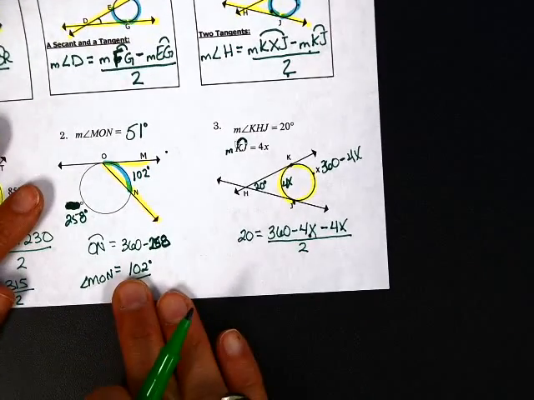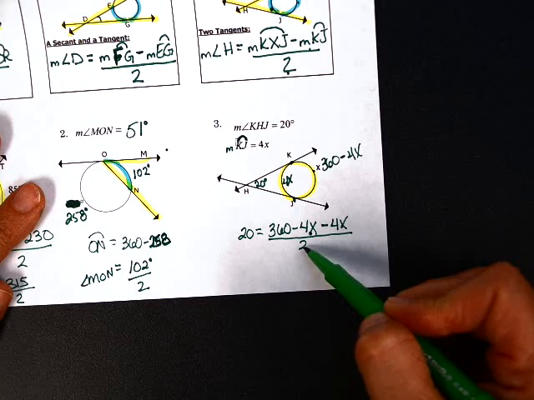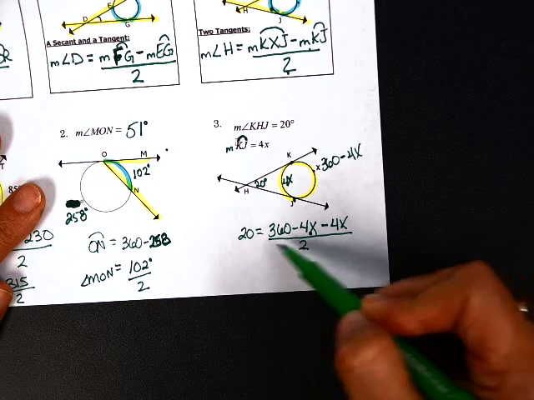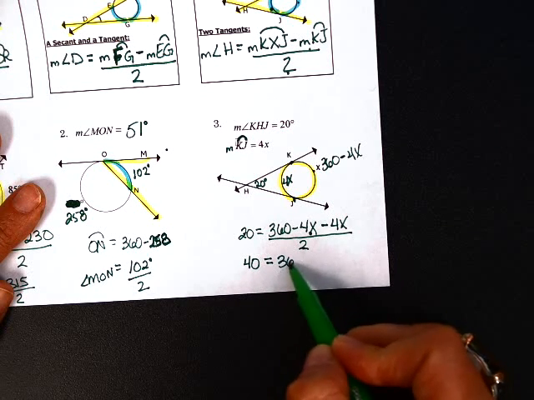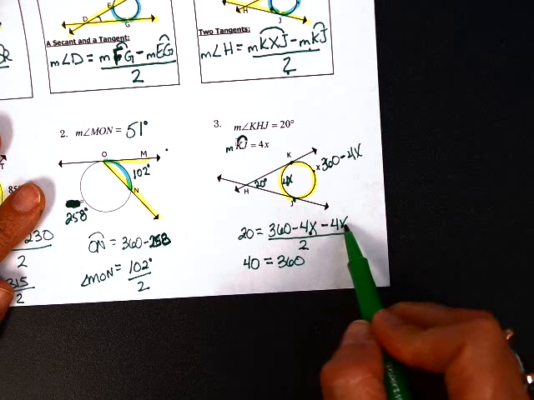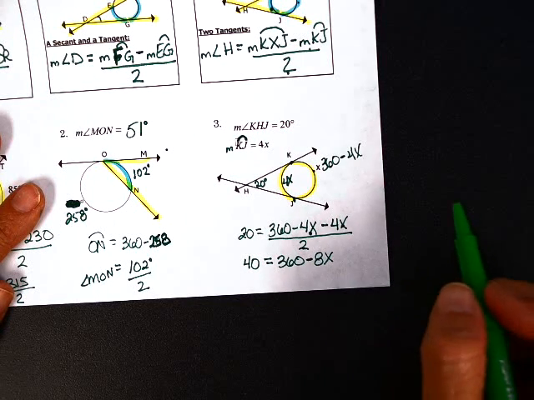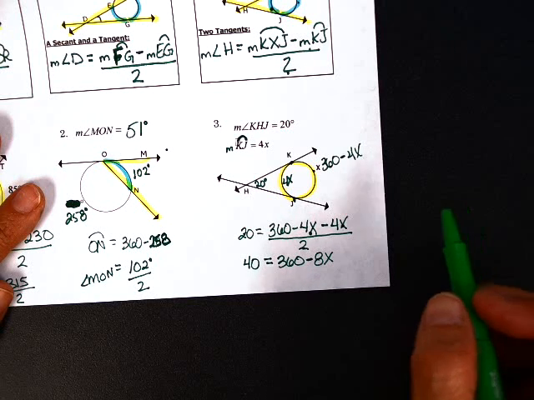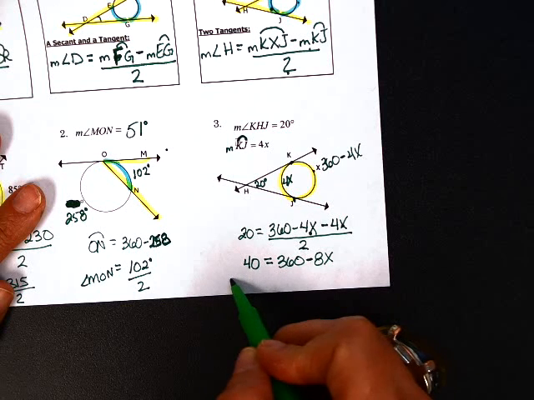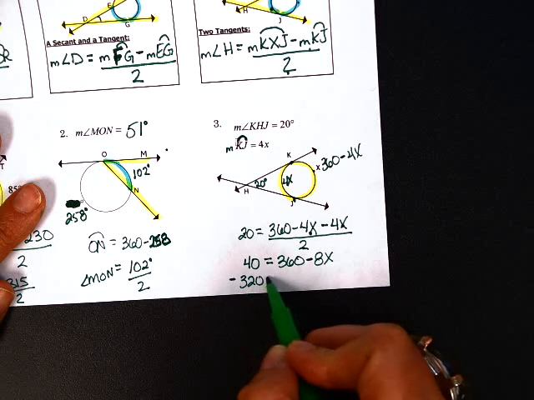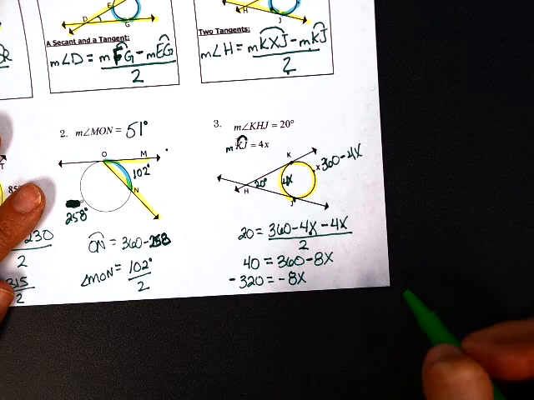All right, what I want to do is get rid of this denominator, so I'm going to do cross products. I'm going to multiply across, so that would be 40 is equal to 360, and since these are like terms, I'm going to combine them, minus 8x. All right, now I'm going to subtract 360 from both sides. When I do, I'm going to get a negative answer, and that's okay because my coefficient of x is negative as well.